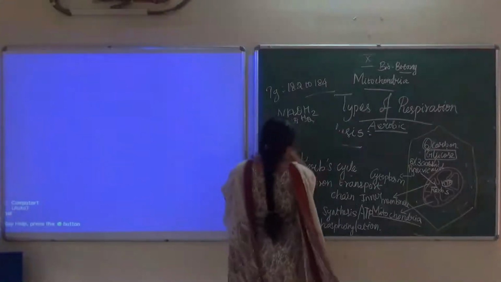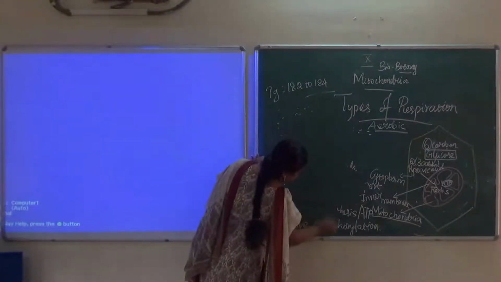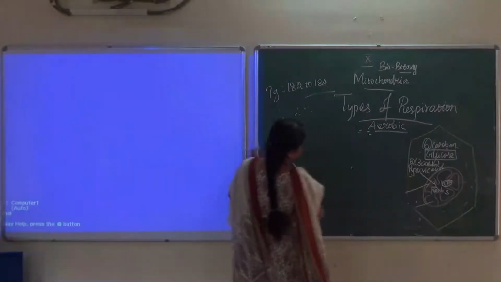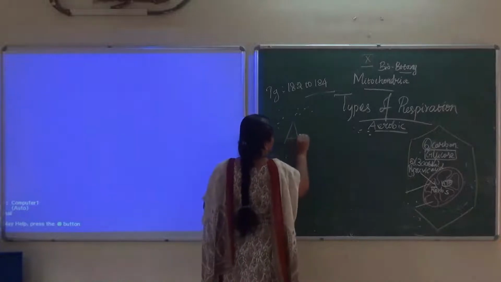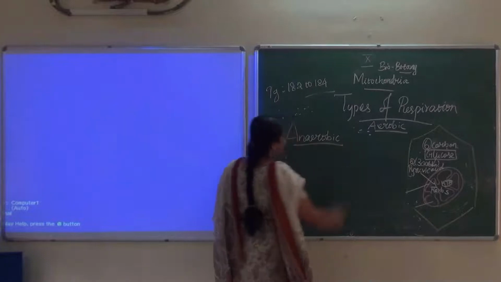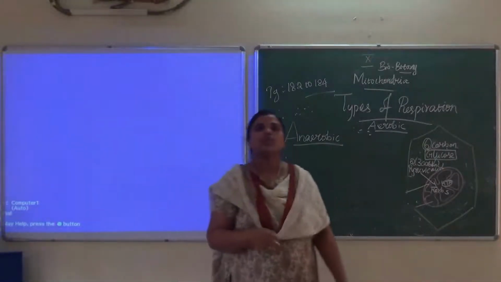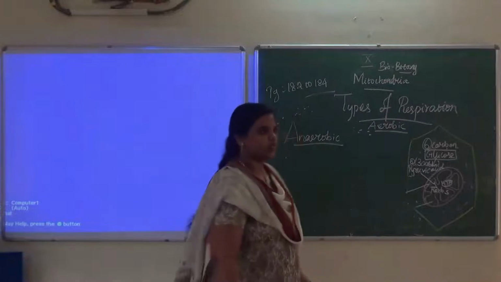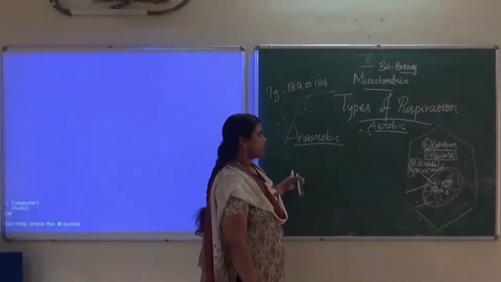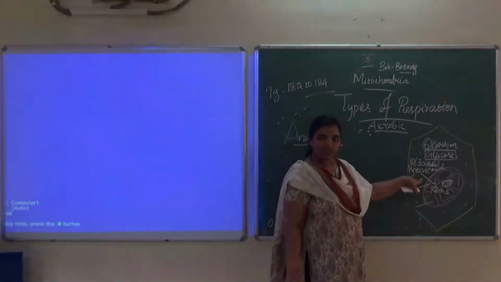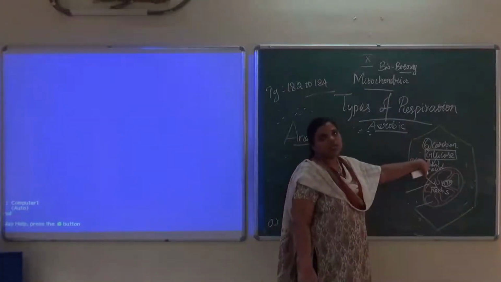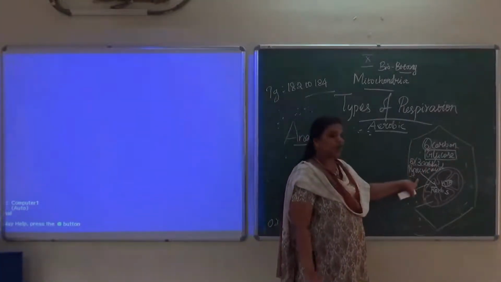Next one, anaerobic respiration. Anaerobic respiration means absence of oxygen. Without oxygen in the reactions, there is also a glycolysis reaction, but in aerobic respiration the 6-carbon glucose is modified to 2 molecules of pyruvic acid.